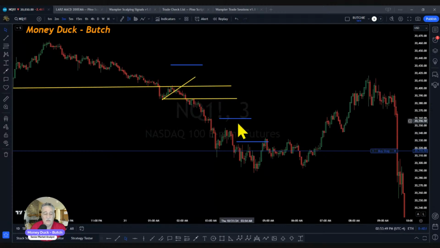You put on two contracts. Close one at partial, leave your stop, and let it ride. Don't even move your stop. Just don't move it. We've had things trend for days.